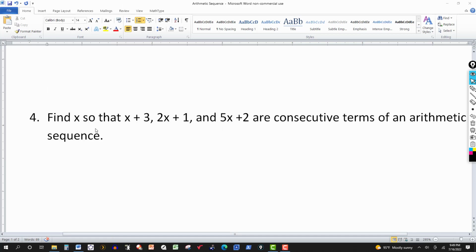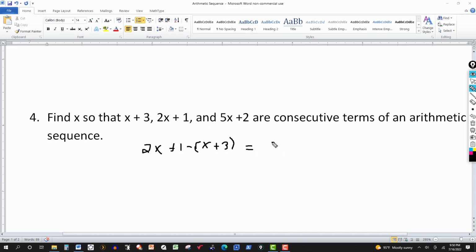Okay, on the next one, we want to find x so that x plus 3, 2x plus 1 and 5x plus 2 are consecutive terms of an arithmetic sequence. We find the value of x that satisfies that condition. Well, that simply means that if I take 2x plus 1 and subtract x plus 3, that should equal the same difference from 5x plus 2 and 2x plus 1.